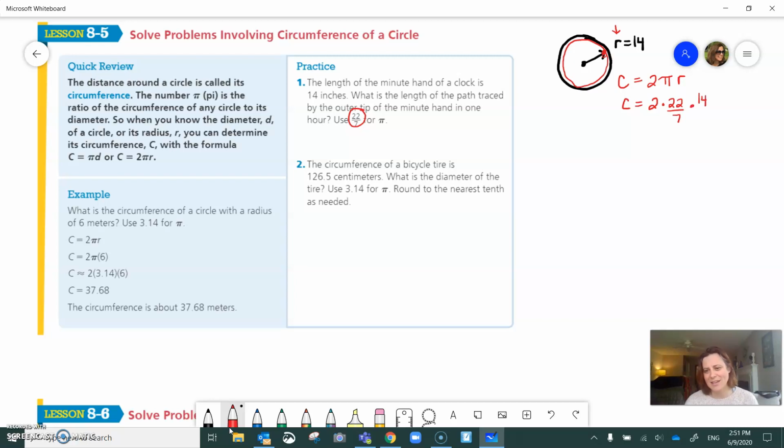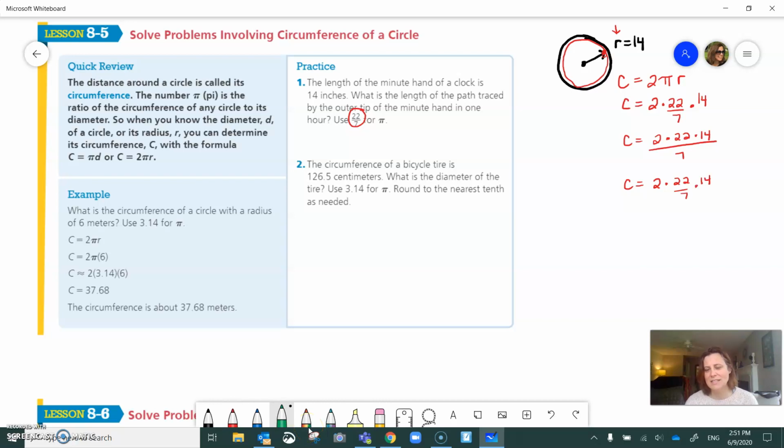And honestly, you can put that together any way that you want. Personally, I would do 2 times 22 times 14, and then divide everything by 7. That works.